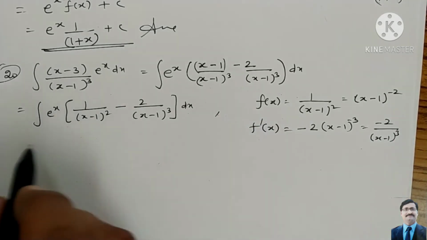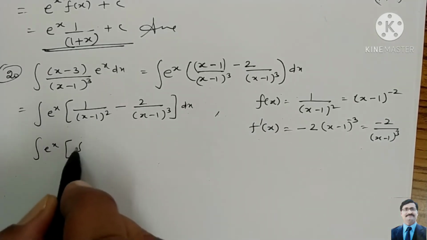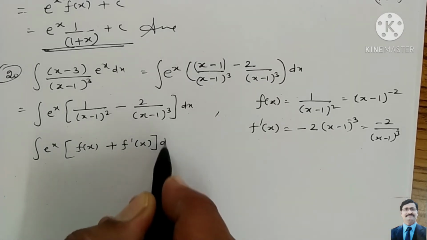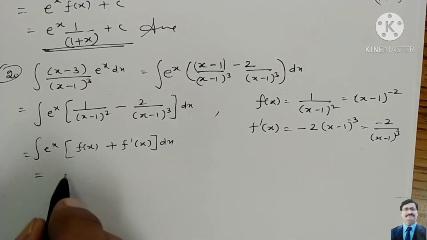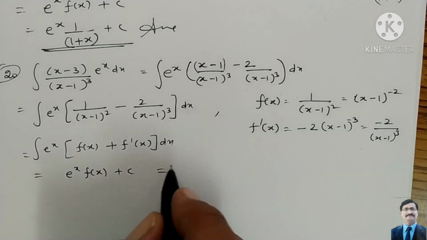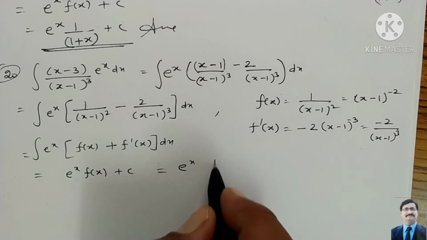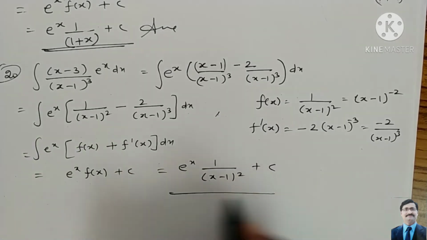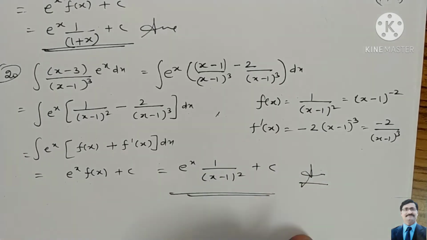So look here, this first is your f(x), and second is f'(x) and dx. So we can write the answer is e^x f(x) + c, and here f(x) is 1/(x - 1)^2, plus c. So this is our answer. All of you understand this?